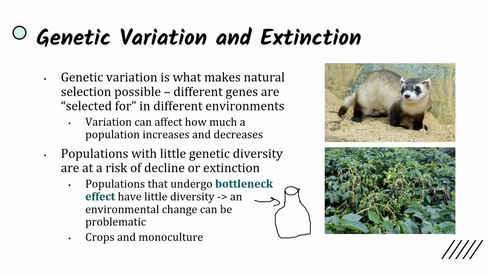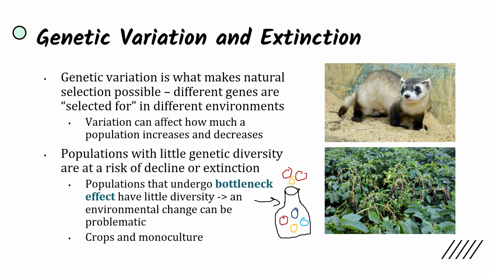So if we were, let's say, to have 4 different kinds of marbles in this bottle, there's a lot of genetic diversity within the original population, but a bottleneck event such as a forest fire causes a lot of the population to die, and the individuals that survive this bottleneck effect are only going to be the red and yellow marbles.